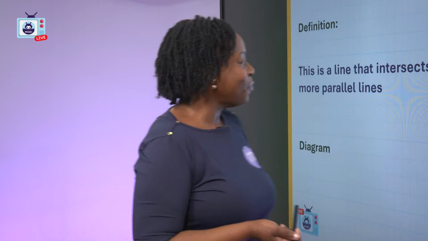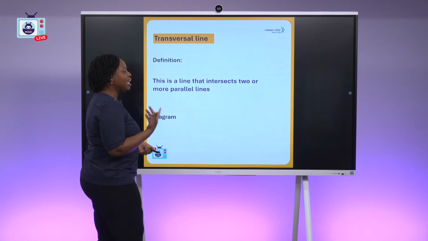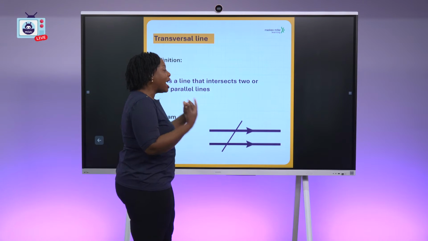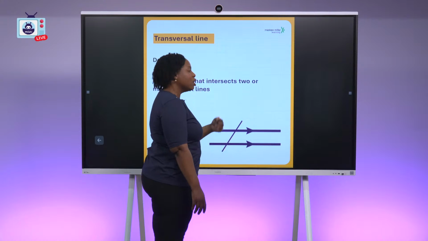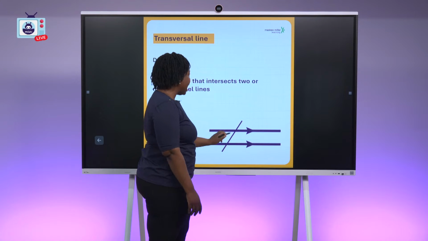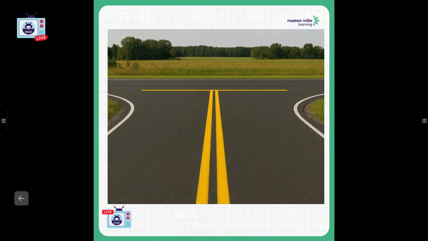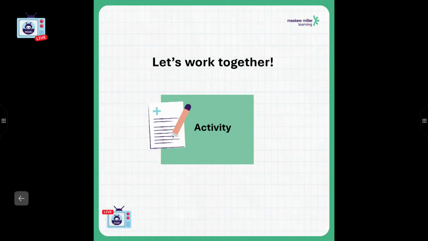Okay, now we have a line that is drawn across parallel lines. For academic purposes or for calculation, as we go on, you will see a line that goes like this. We call this line a transversal line, right?